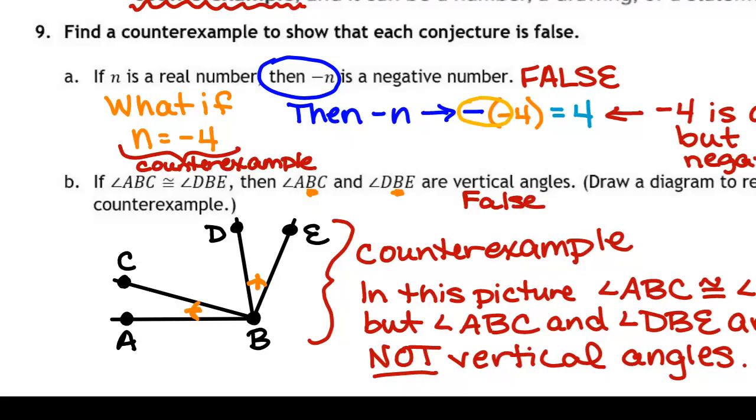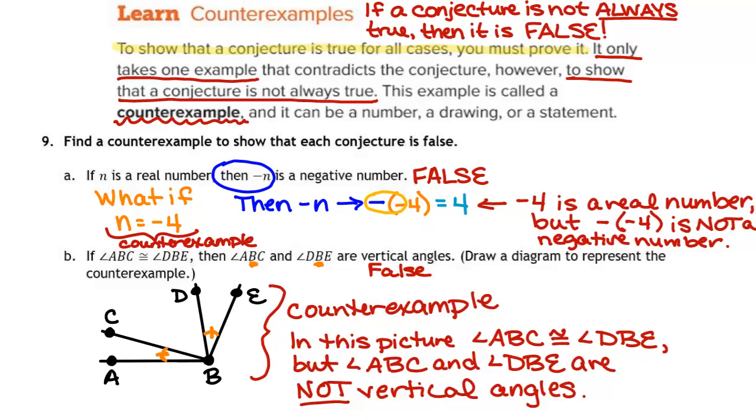So our conjecture is false. If I can draw or think up one example where the conjecture is not true, then we say the conjecture is false.